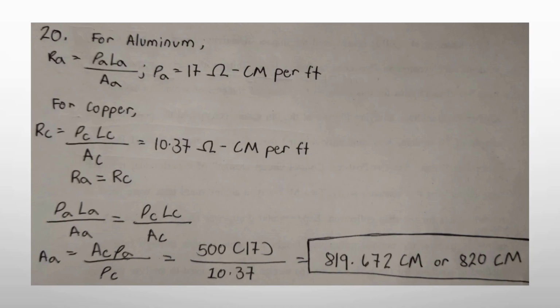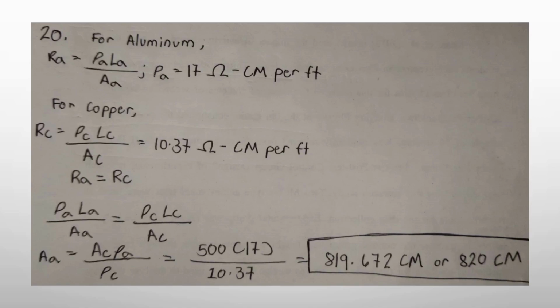Since the total resistance of the aluminum wire and the copper wire in this problem is equal, we will equate those equations. And we will come up with the formula resistivity multiplied by length all over cross-sectional area of aluminum is equivalent to the resistivity multiplied by length all over cross-sectional area of copper. And to find the cross-sectional area of aluminum, we will use the formula cross-sectional area of copper multiplied by the resistivity of aluminum all over the resistivity of copper.